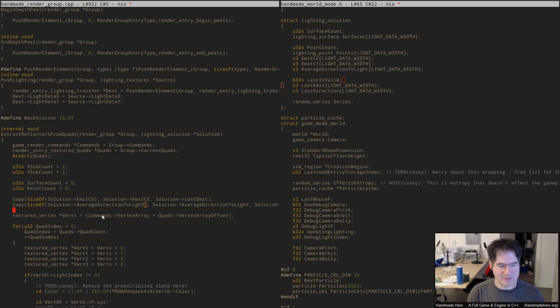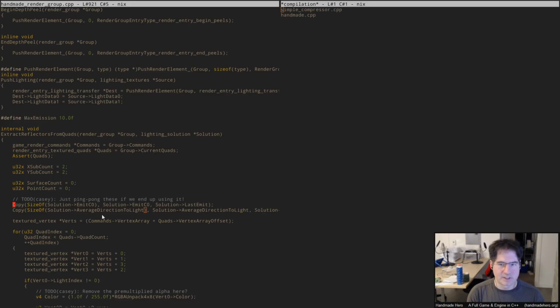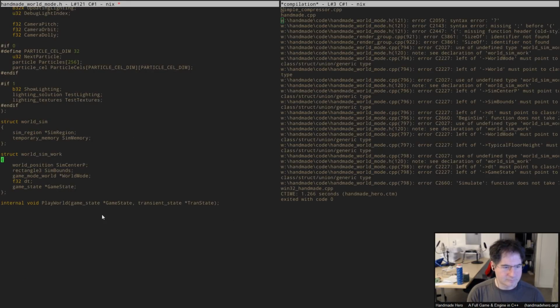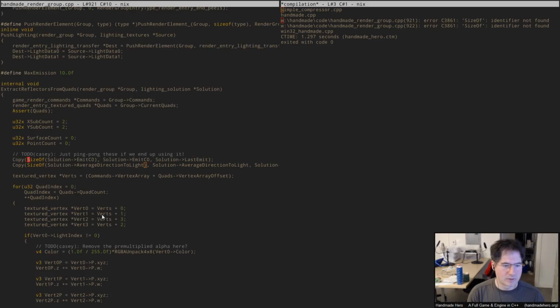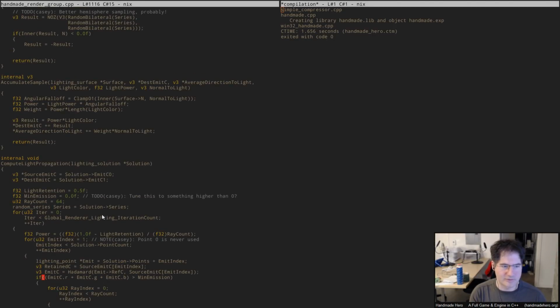So what I want to do here is just copy these two arrays. Again, this is not good, but that's okay, because we're just doing this for testing purposes anyway. Don't ask me how that got inserted. Probably was trying to hit the buffer switch key or something like that. Anyway, in this code base, sizeof is not capitalized. There we go. So that will give us a copy, and then we can do our mixing of those at the very end.